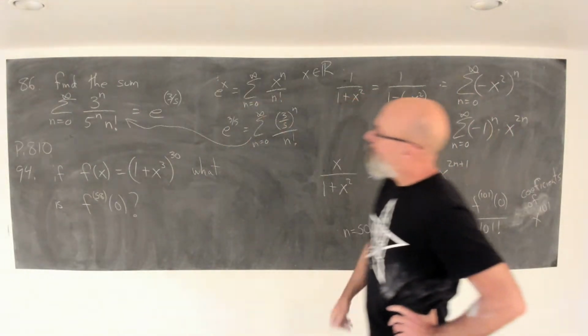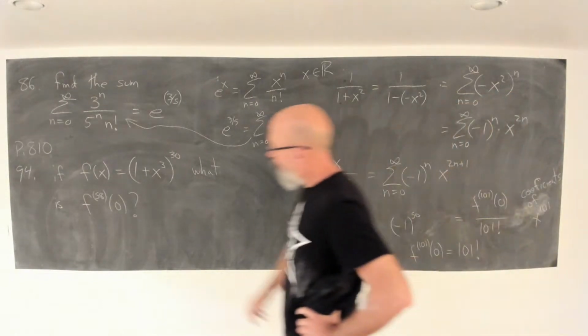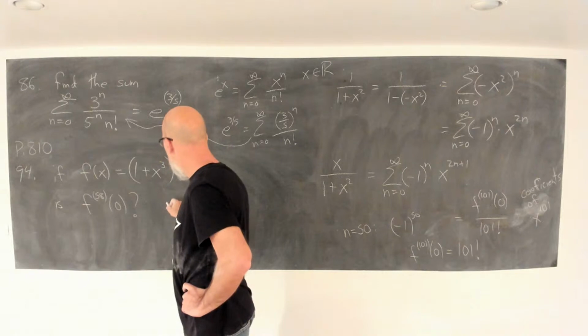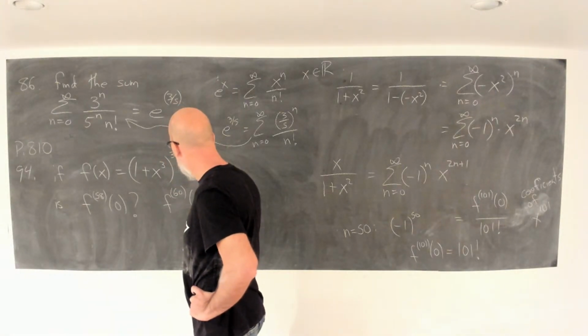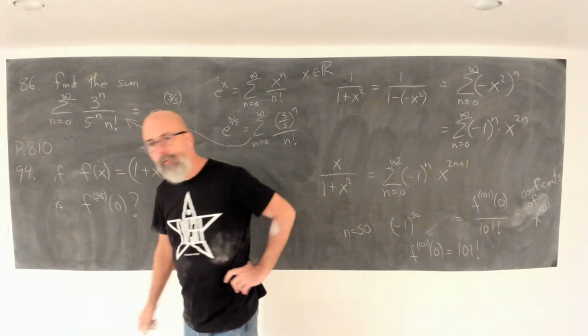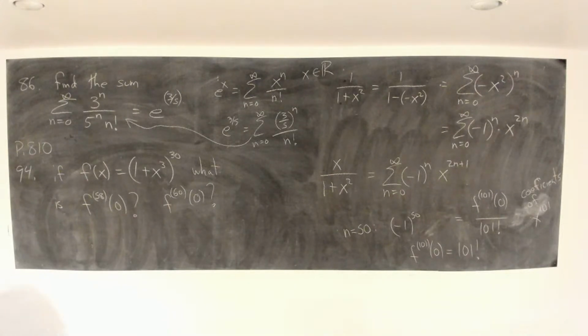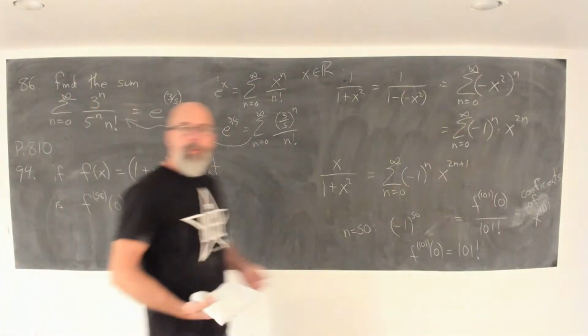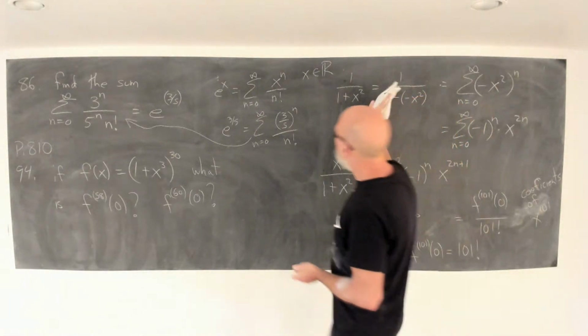If f of x is 1 plus x cubed to the 30, what is the 58th derivative at 0? And what about the 60th derivative at 0? Should all Maclaurin series for elementary functions be instantly recognizable to us?